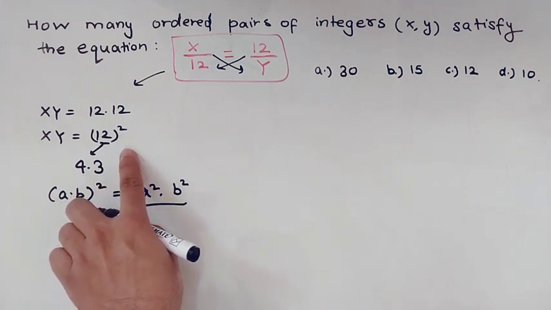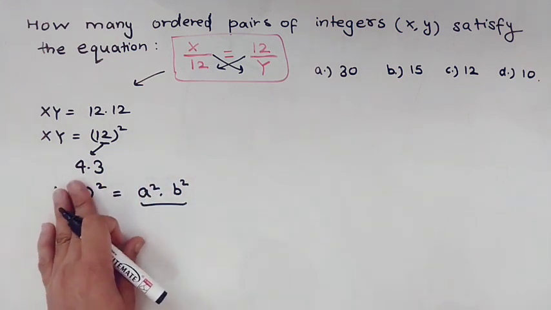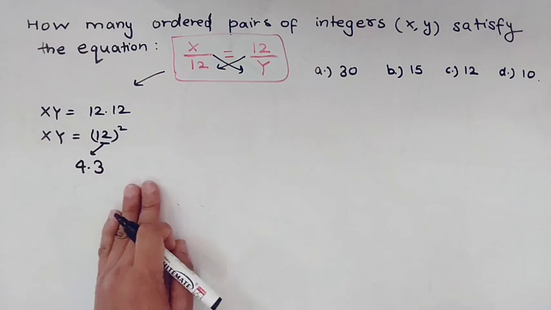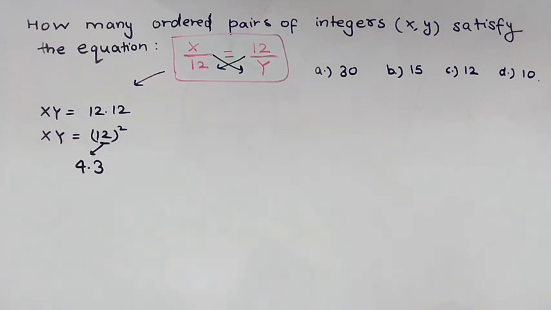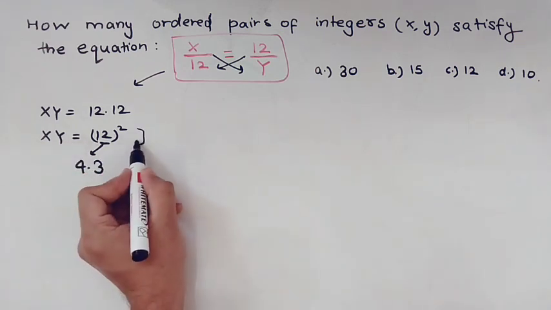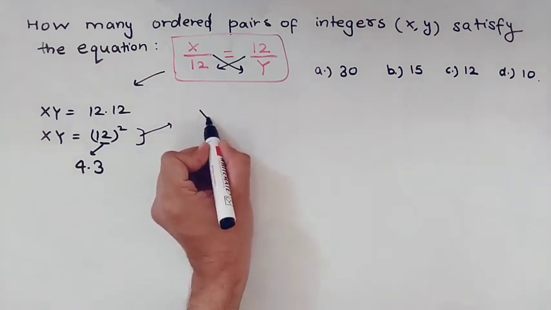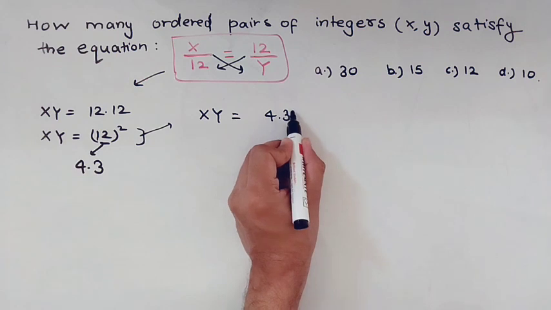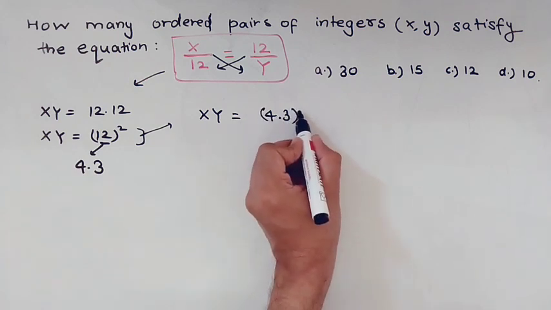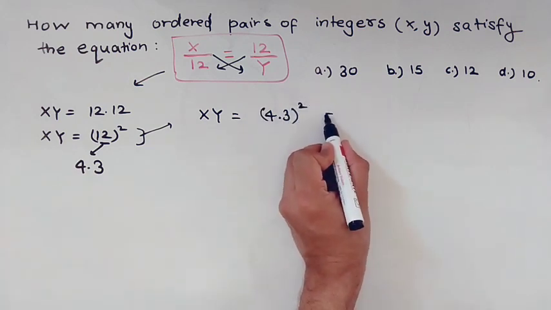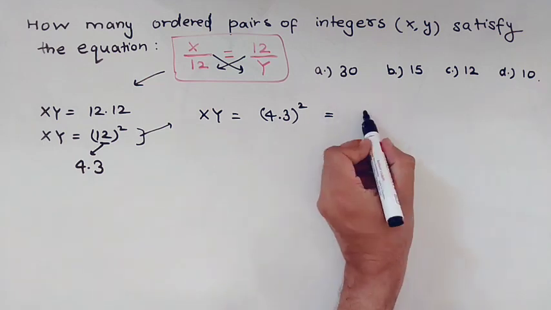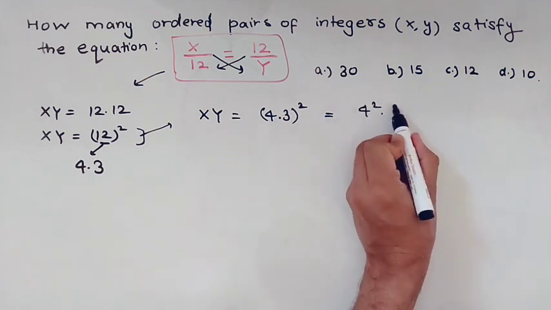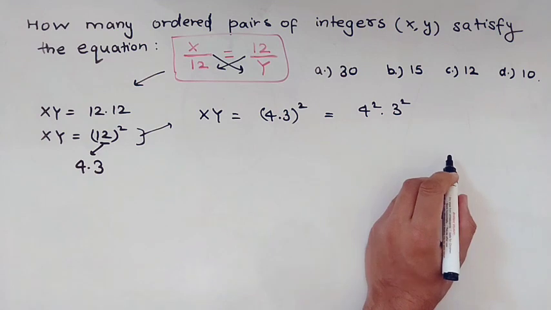So this part can again be written as, because we have considered it as 4 multiplied by 3, xy equals (4 into 3) squared, that is 4 squared multiplied by 3 squared.